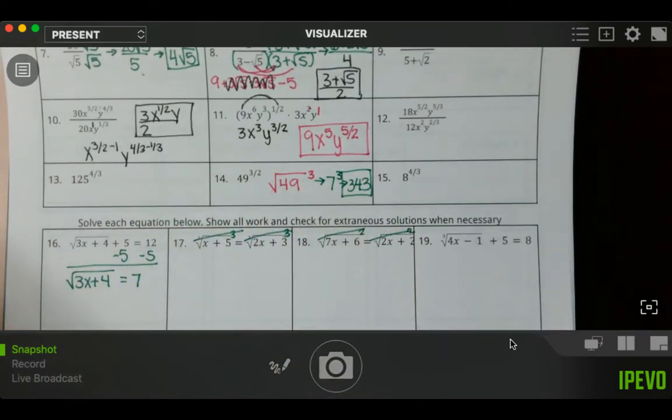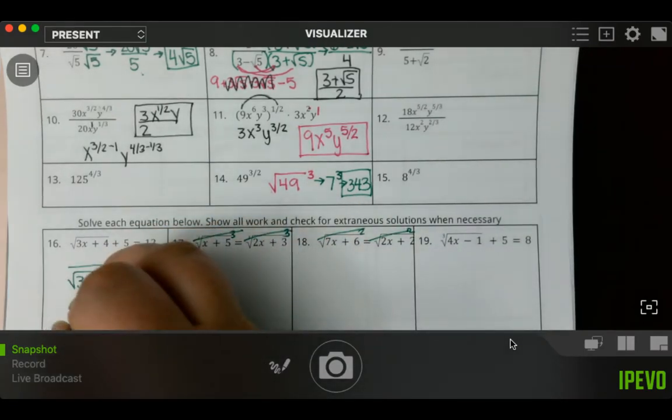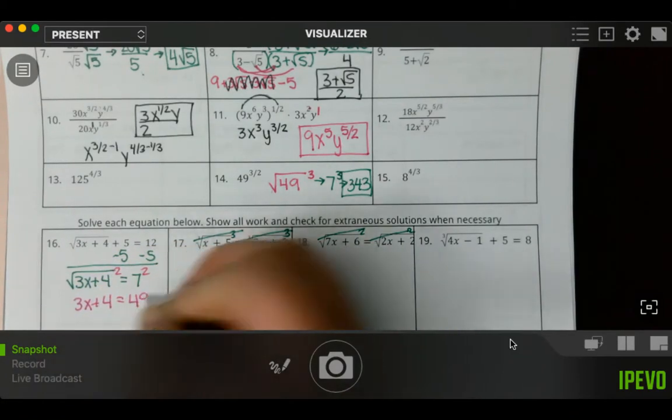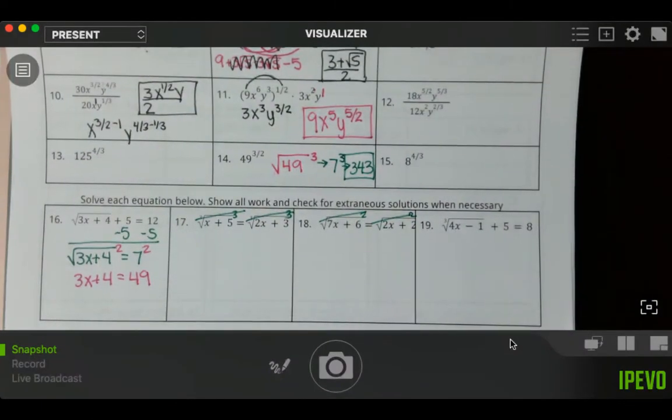And then to cancel out a square root, you square it. That's how you get rid of a square root, guys. So that pretty much just means it cancels out the square root on this side, and 7 squared becomes 49. I will leave you to solve the rest of that equation. I promise you can do it.